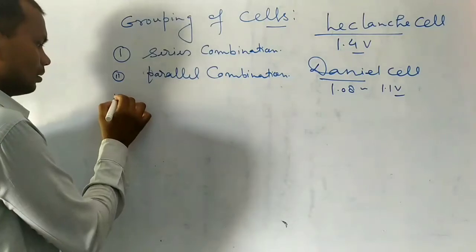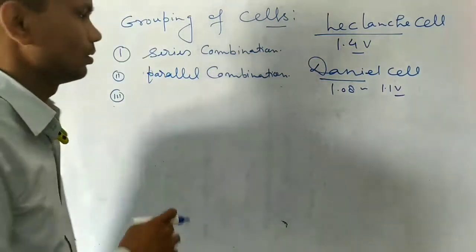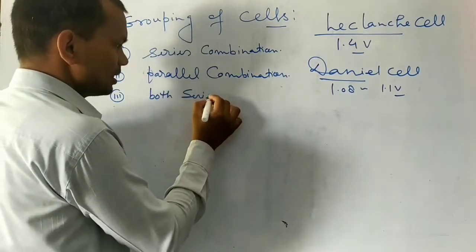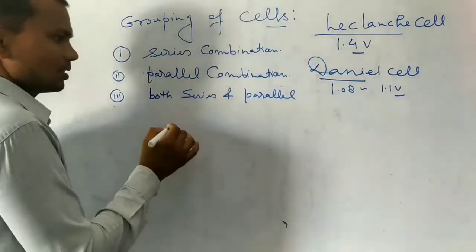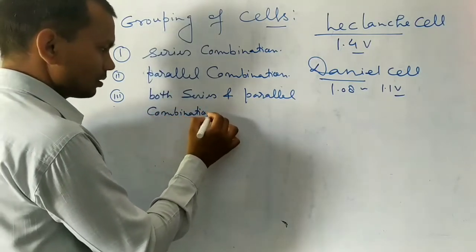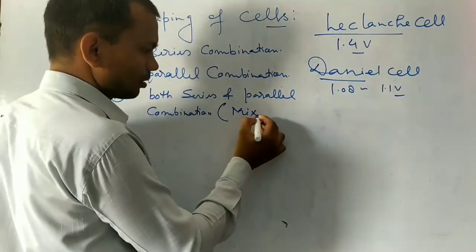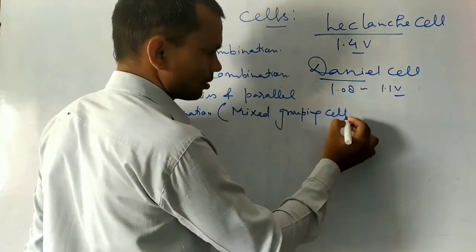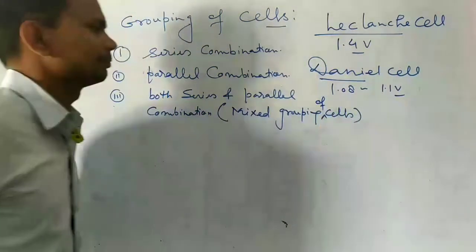And third, mixed grouping, which means both series and parallel combination. This is also known as mixed grouping of cells.